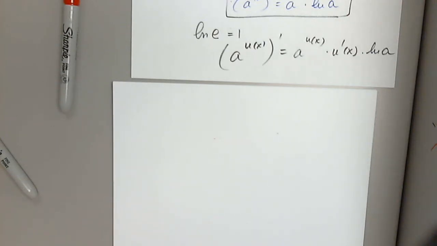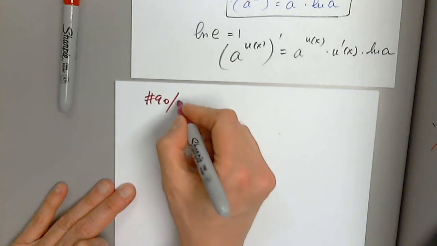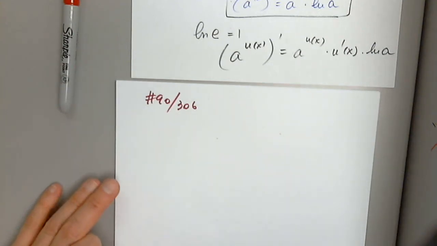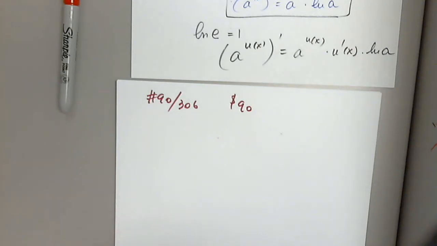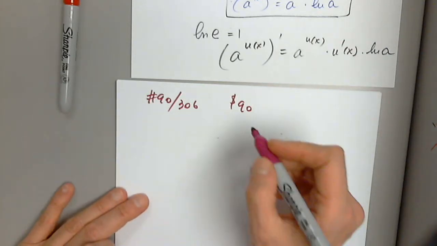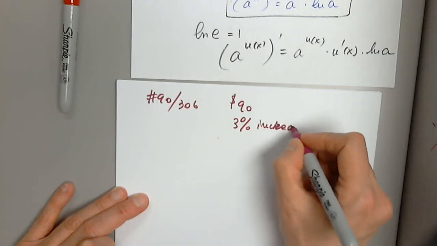Okay, find an exponential model for the value V of a share of the stock in dollars t weeks after June 15th, 2014. I copied the information. So initially it was $90, and then it increased by 3% per week.